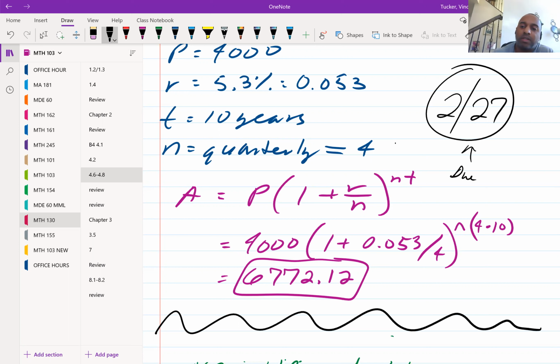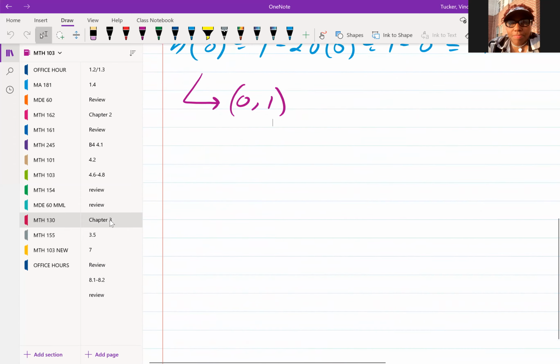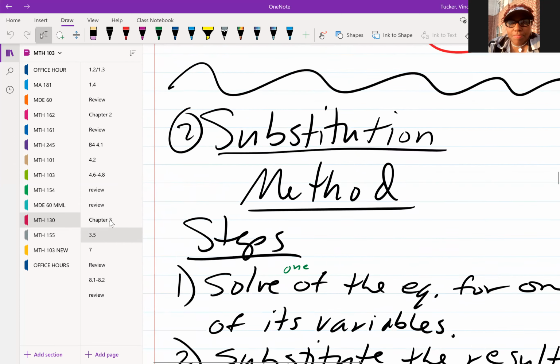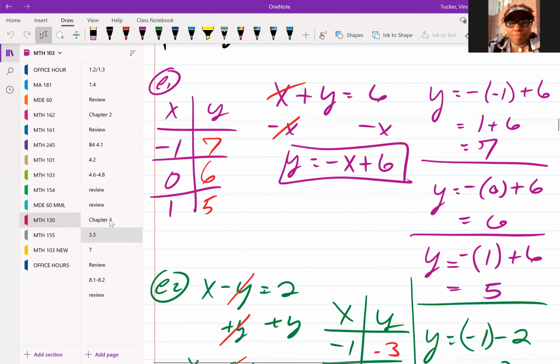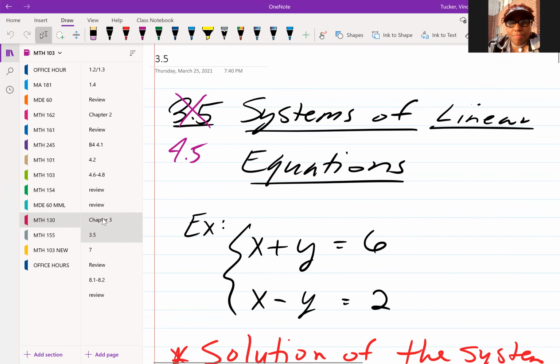Just chapter 10. So the first one is 2 and 3, then we jump to 10, and then we go back to 4. Okay, gotcha. Let me see. I'm just looking up some stuff. Yeah, 4 or 5.